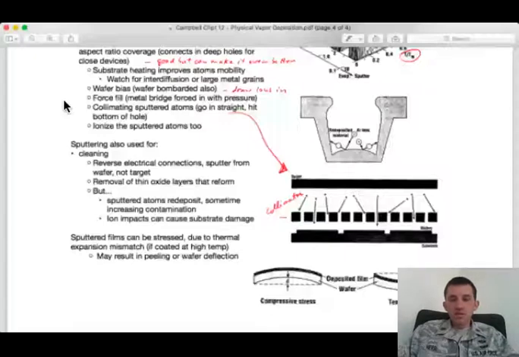However, there's the impact of the valence electrons of the target, or the plasma ions. We see here that you actually get the highest yield for noble gases: argon, krypton, xenon.